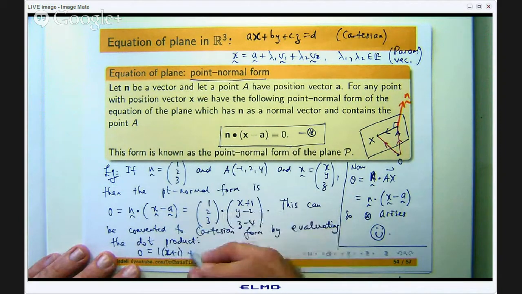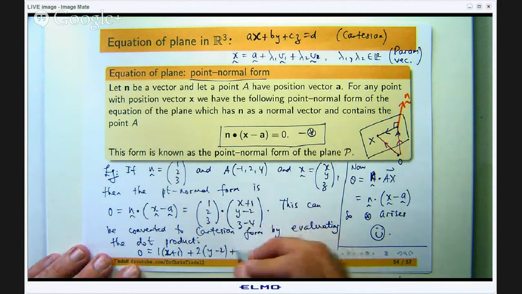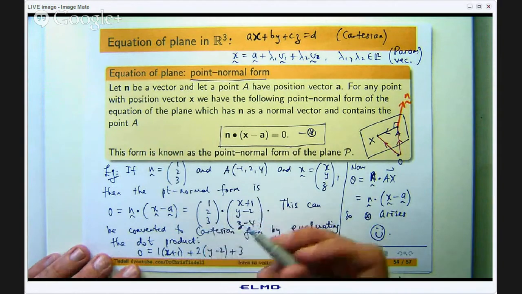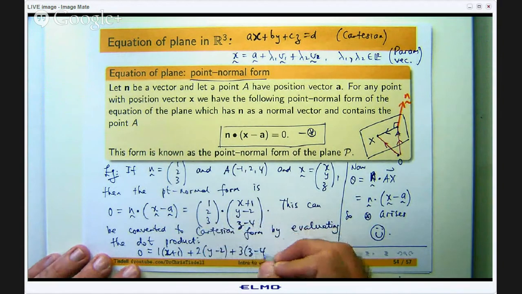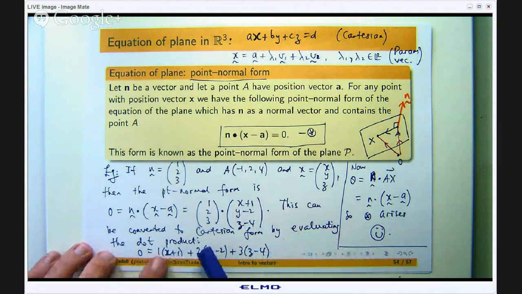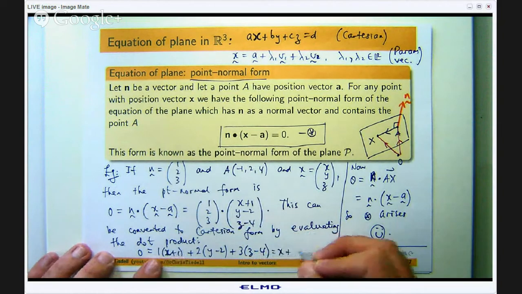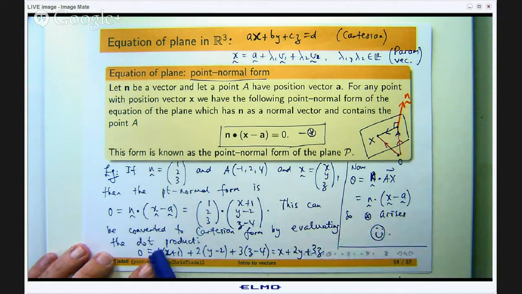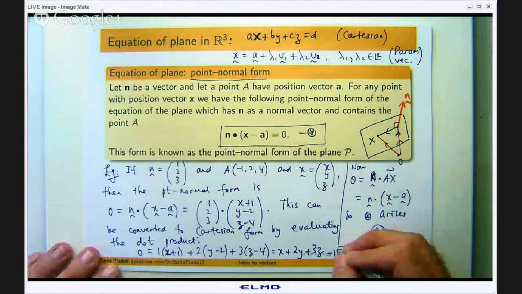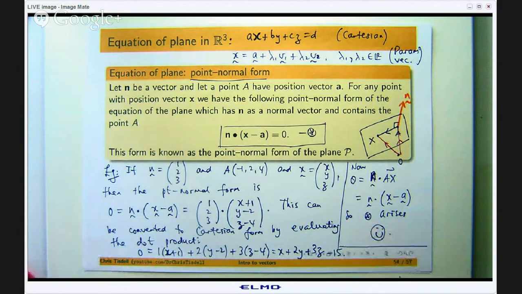Plus 2 times all of y minus 2 plus 3. Okay, that's a 3, that's a z. I know they look alike. Times z minus 4. Okay, so I'm going to get x plus 2y plus 3z. And then the constant's 1 minus 4 minus 12. Okay, so I'm going to get -15. All right, so take the 15 to the other side, and you have got a Cartesian form for this.